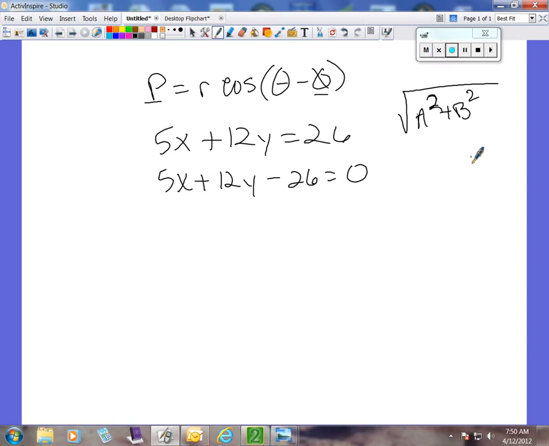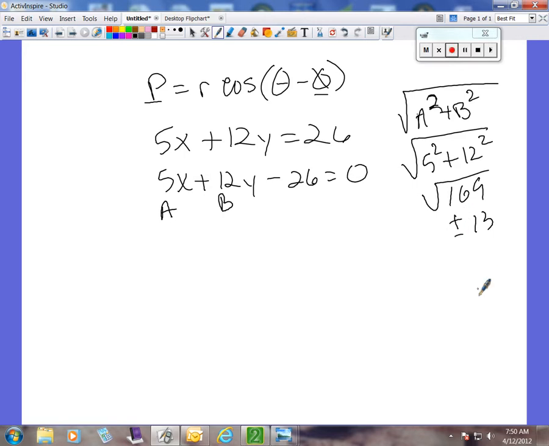Then, let's go ahead and do that. So we got 5 squared plus 12 squared. This is your a and b. This one comes out nicely. It's a Pythagorean triple. Now remember, it was plus or minus, and how did we decide what to divide by?